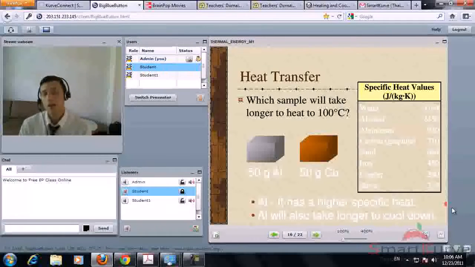Now, copper is a good conductor of heat. It is also a good conductor of electricity. That's why we use it for electronics. That's why we make electrical wires and cables out of copper, because it conducts electricity very well. It would be nice.